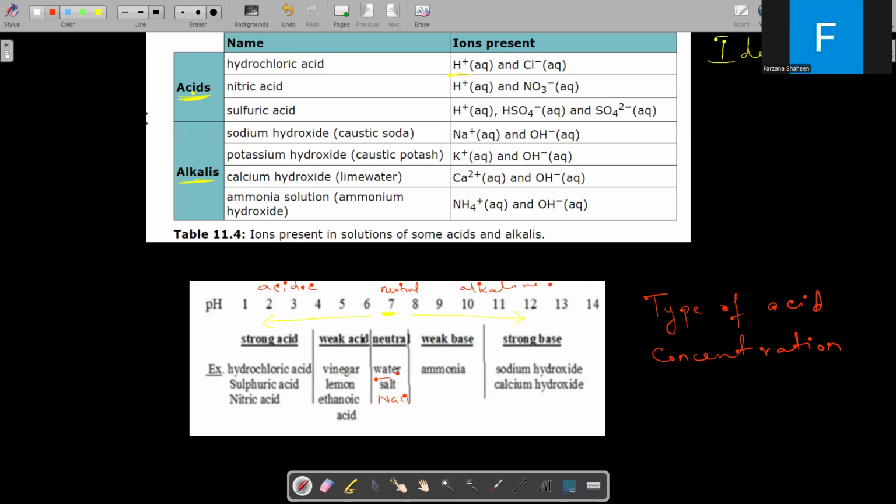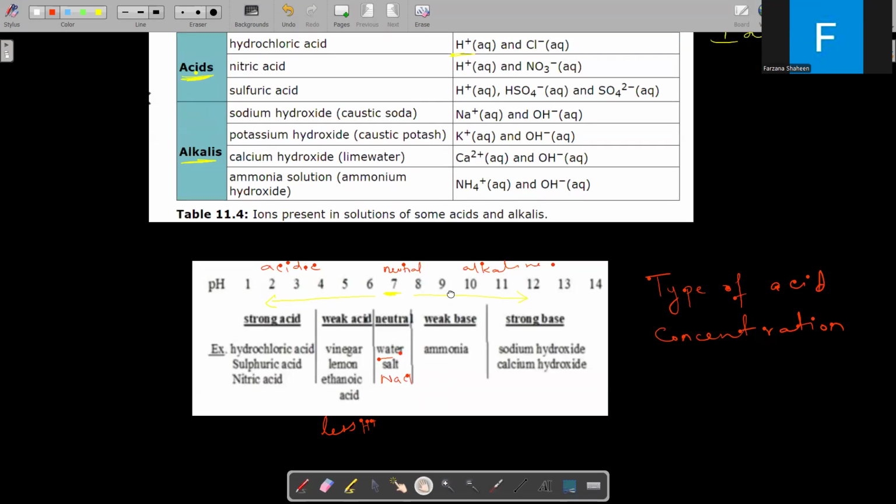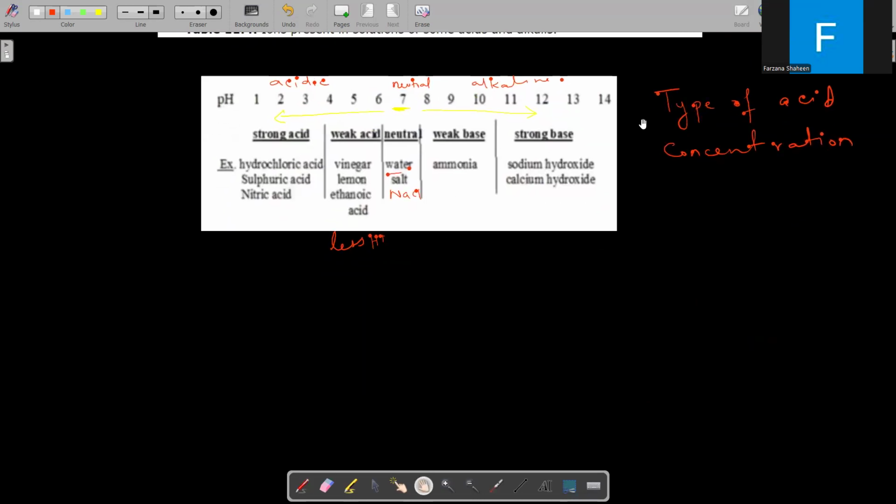Now if you see the weak acids that you have, what do you mean by weak acid? Let me just push this up a little so that I get some space to write.